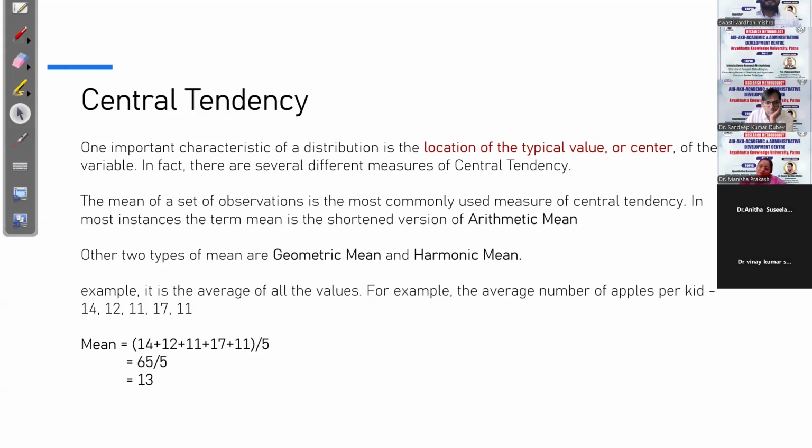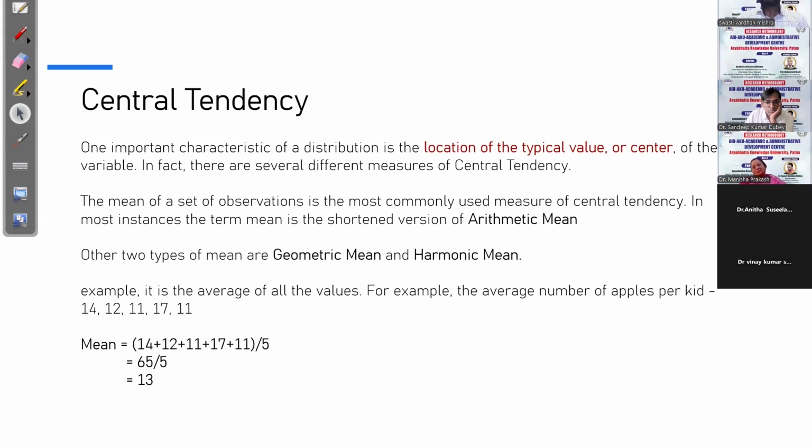The data has the tendency to centralize on one particular value, which is typically the location of the central value. The central value can be mean, can be median, or the mode. It depends upon the data set you have.